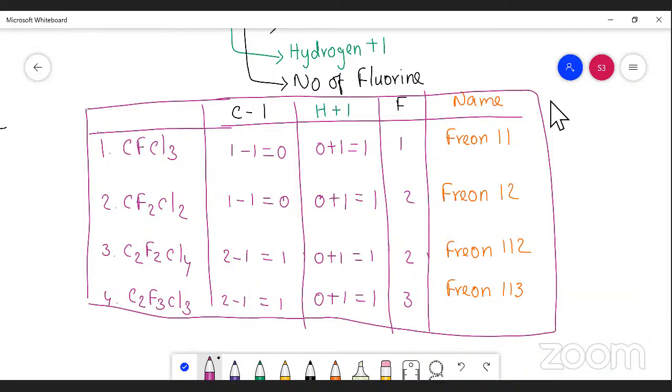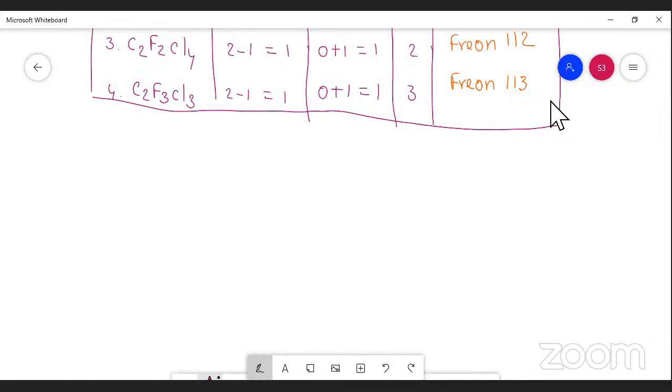Okay. And what is the use of freon? Freon is used as a refrigerant. It is used as a refrigerant in refrigerators and air conditioners. So we are taking the uses.